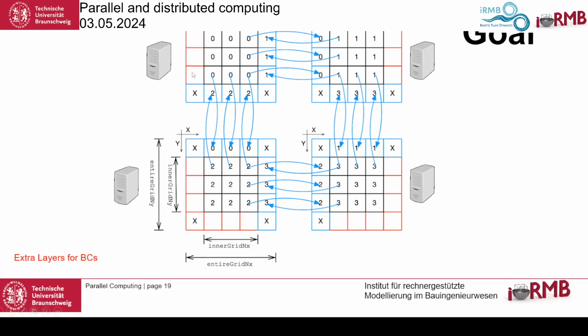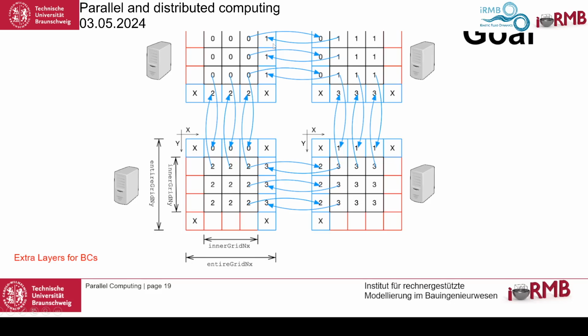This partial domain here in rank 0 is missing two of its neighbors. In order to hide that, we need to set a boundary condition around the inner part of rank 0.